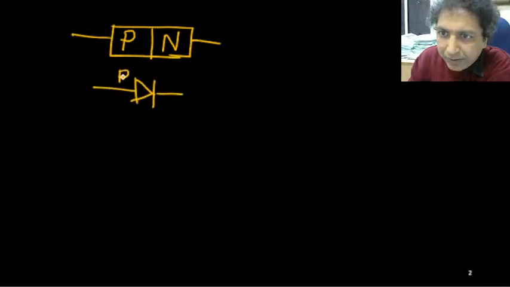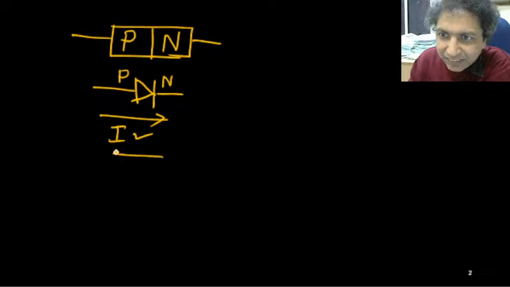This is your P side and this is your N side. And this PN diode is used to get unidirectional current. This diode will allow the current to flow from P to N side only. So this side current is allowed, but opposite side current is not allowed at all.